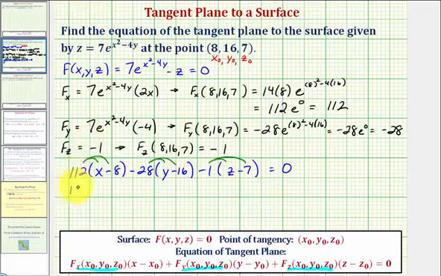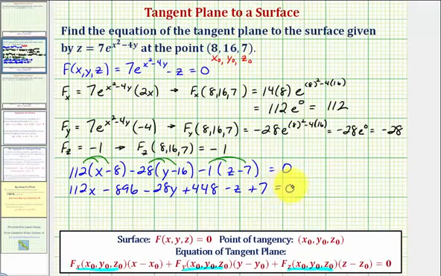So we have 112x minus 112 times 8, that's 896, minus 28y. Negative 28 times negative 16 is positive 448. Then we have minus z plus 7 equals 0.